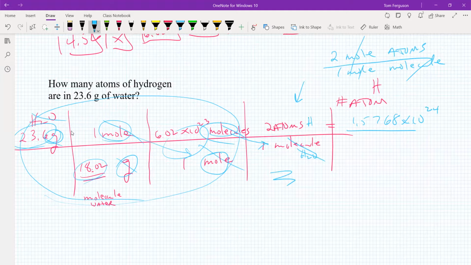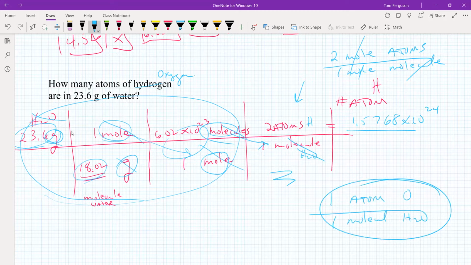Oh, so it's specifically because we're trying to find hydrogen only? Correct. Exactly. If this was changed to oxygen, for example, this would be 1 atom. And 1 over 1, you'd say, well, why even bother? But the point is the units wouldn't cancel unless that was in there. Okay. So that is part of the setup. Okay, thank you.